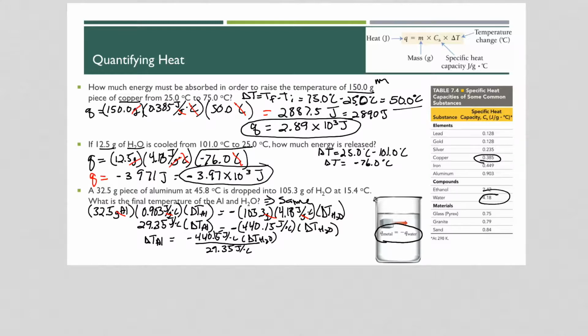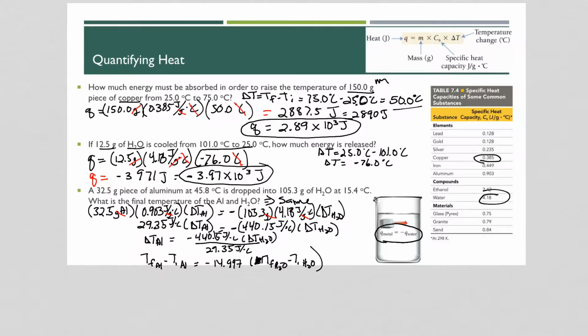So if I do the division here, I get my delta T aluminum, which I'm going to rewrite as temperature final of aluminum minus temperature initial of aluminum equals negative 14.997 times the delta T of water, right, which is T final water minus T initial water.